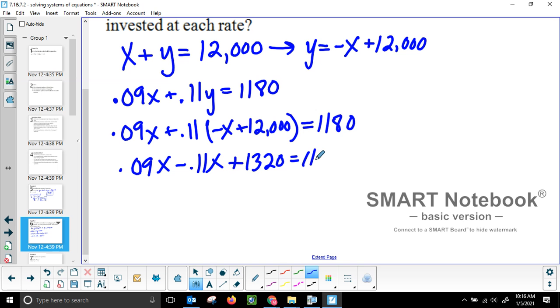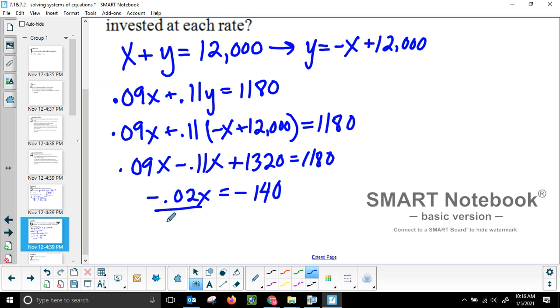And that equals 1180. So now combine our like terms here. We're going to get negative 0.02x, subtract 1320 from both sides, and that will be negative $140.